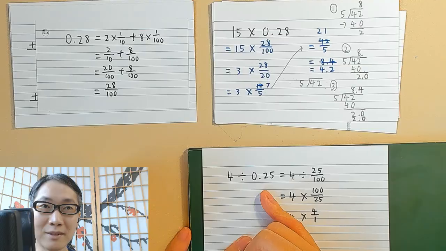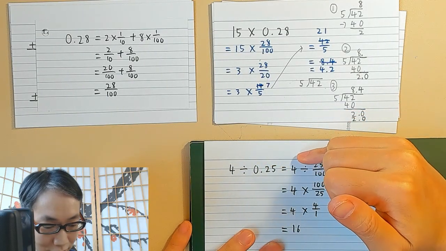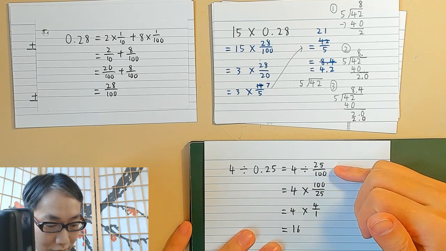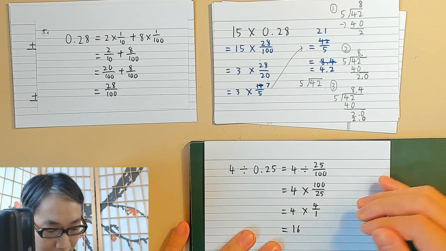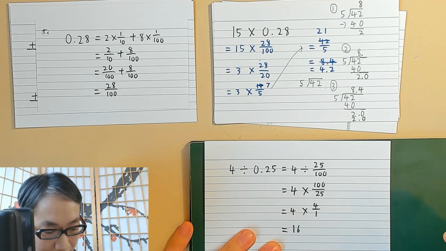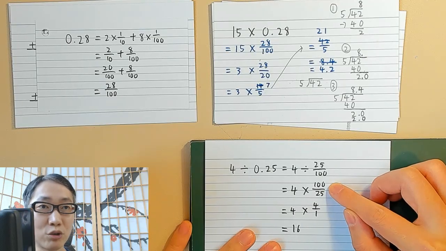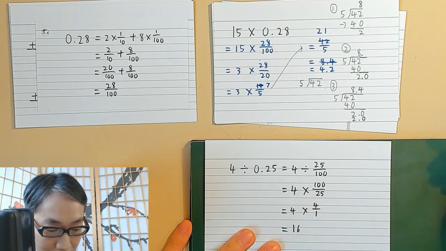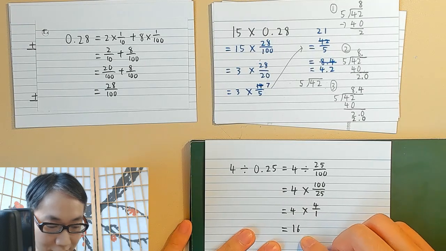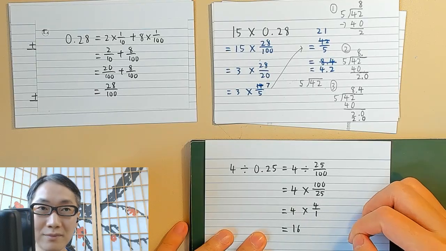So in here, 4 is divided by 25 over 100, which means 4 is multiplied by 100 over 25. We simplify this fraction, as both the numerator and denominator are divisible by 25. So we have 4 times 4, which is 16.